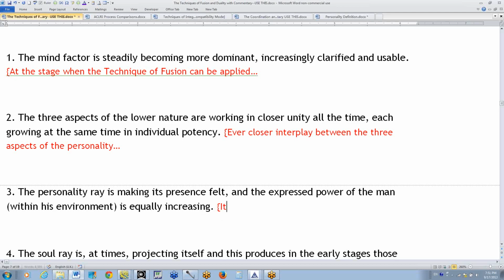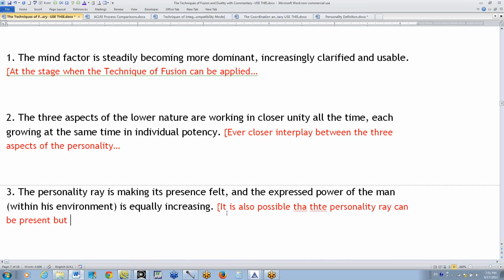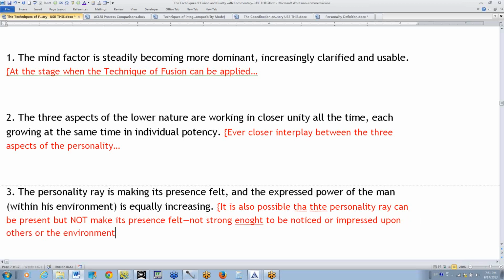I guess it's also possible that the personality ray can be present, but not make its presence felt, is not sufficiently radiatory, is not strong enough to be noticed or impressed upon others or the environment.